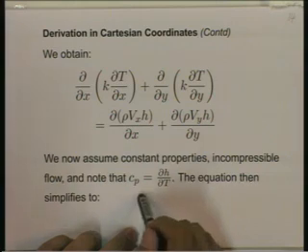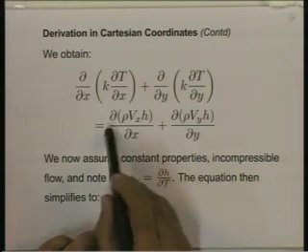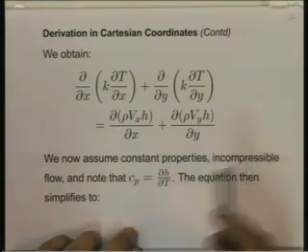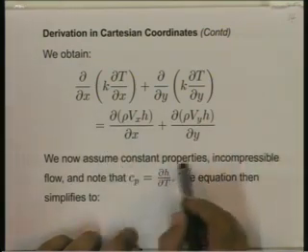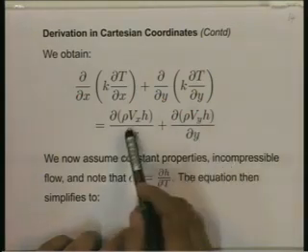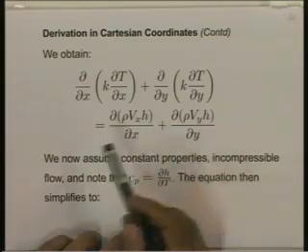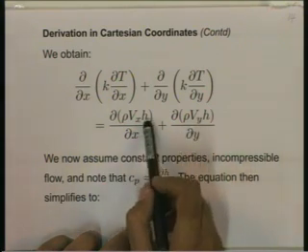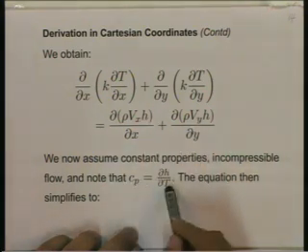What we also do is we expand these terms, and once we expand these terms and assume constant properties and incompressible flow, we will find out that a number of these terms get cancelled out because they satisfy the continuity equation. So what we do is expand these terms, use the continuity equation for simplification, and replace H in terms of Cp and T.